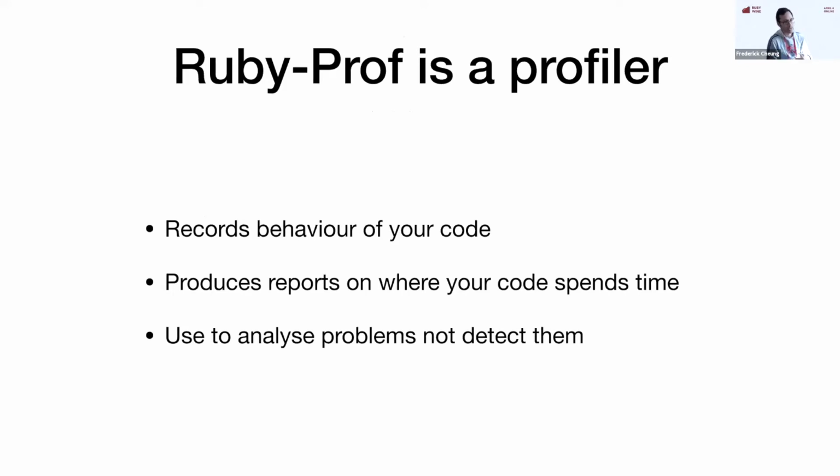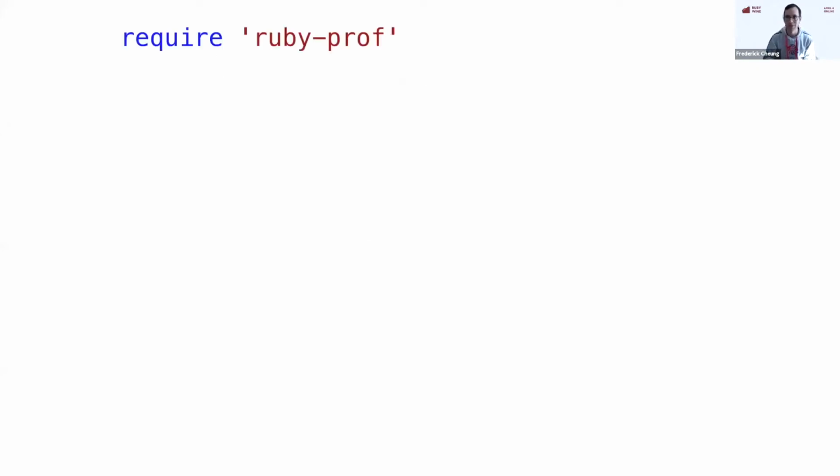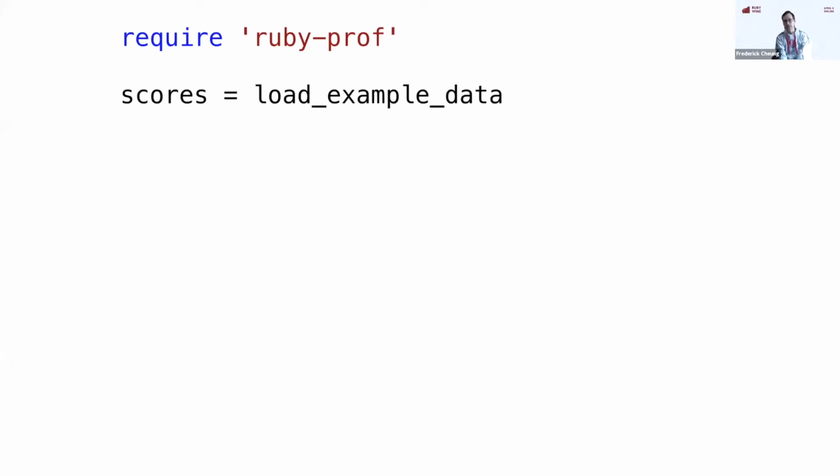And just to be clear, it's not a replacement for New Relic or Skylight or something. It's something you use to analyze problems. It's not really something you run ahead of time unless you knew something was going to be slow. So we can have a quick look at my little ruby-prof benchmarking script. So to start off, obviously require ruby-prof, it's a gem. I load some example data.